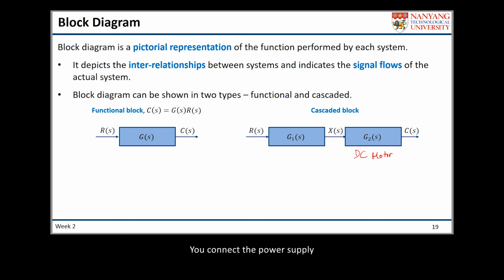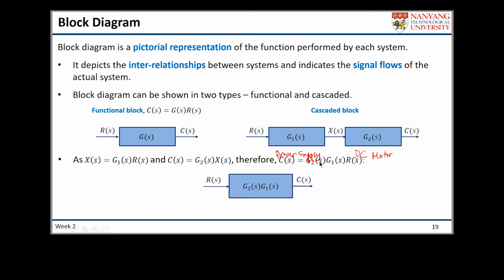So you connect the power supply to the DC motor, and this power supply is essentially also a system. After you connect the power supply to the DC motor, you have a complex system. Now, how do we analyze the relationship between the input of G1 and the output from G2?